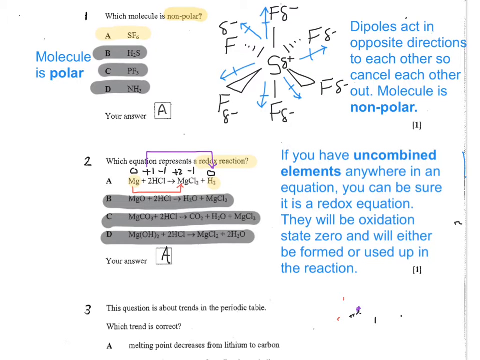So we've got a reduction of hydrogen, and we also have an oxidation of magnesium.